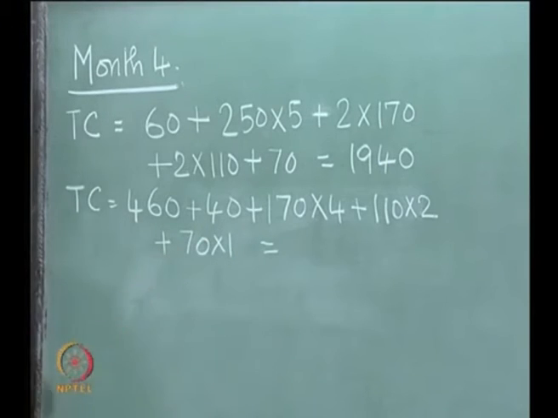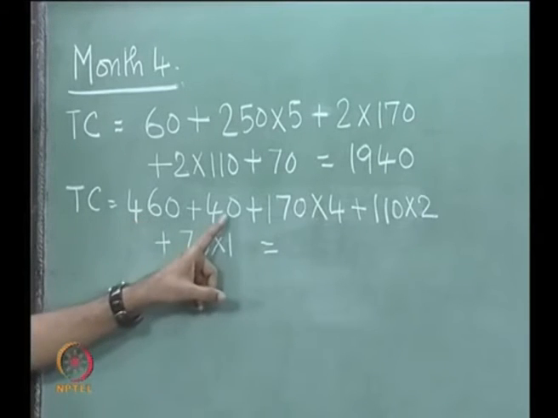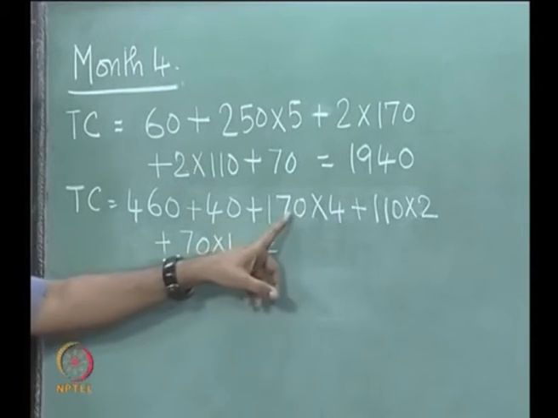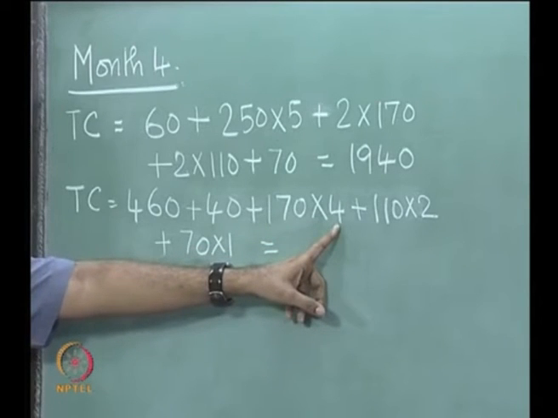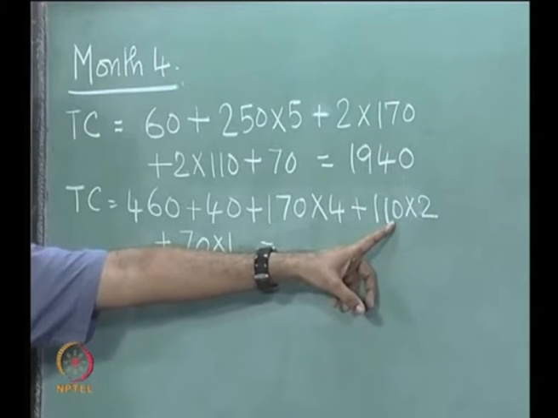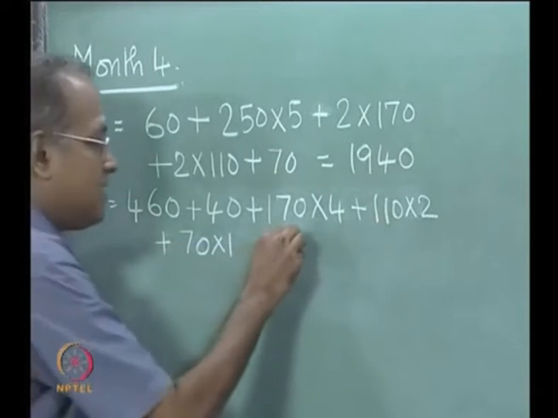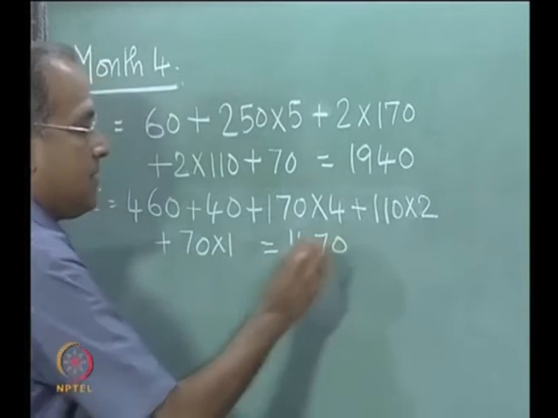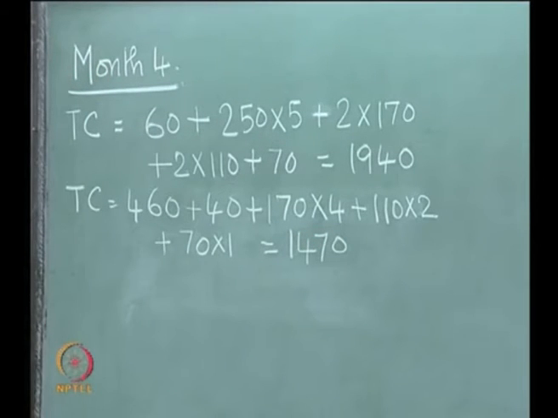Now, the total is 460 plus 40 is 500, 500 plus 680 is 1180, 1180 plus 220 is 1400, 1470. That is the total cost associated with this.